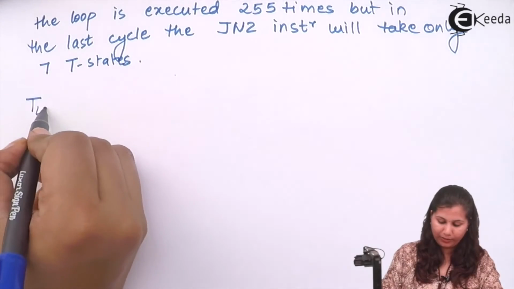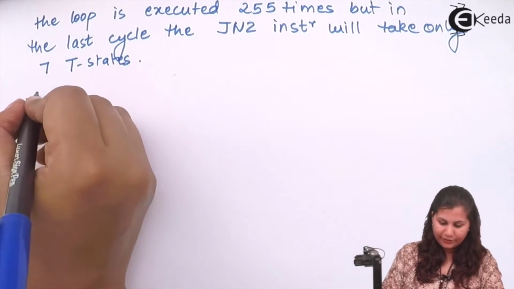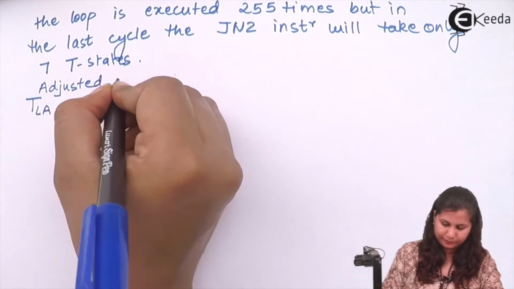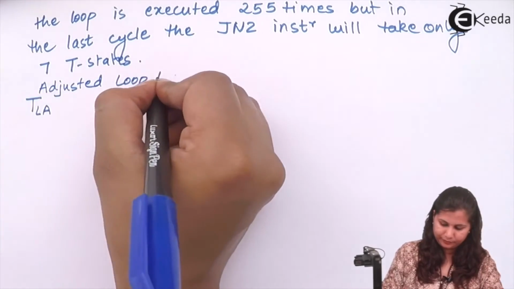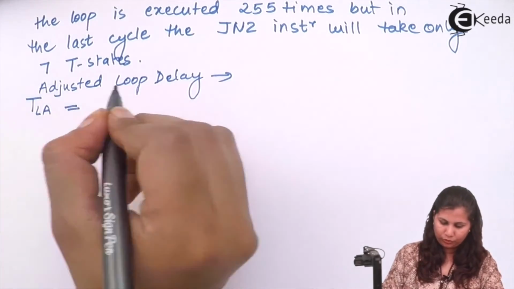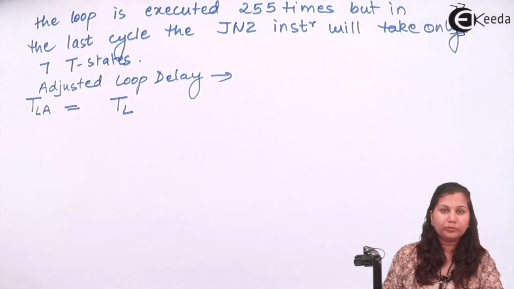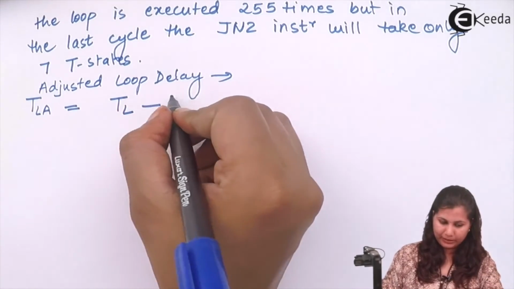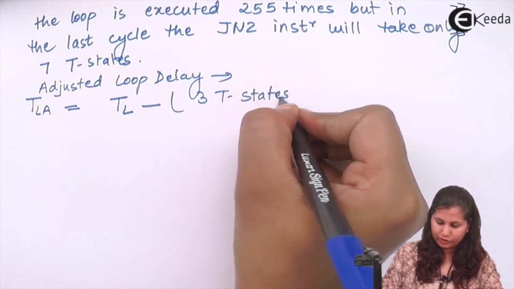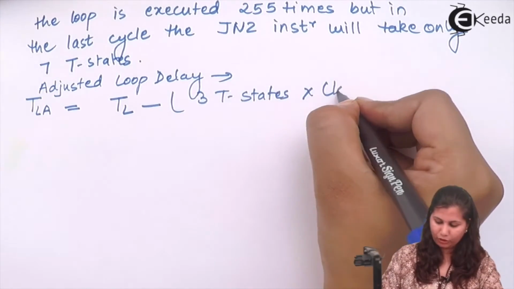So we will now calculate the adjusted loop delay. The adjusted loop delay will be the loop delay minus the time of 3 T states, so 3 T states into the clock period.